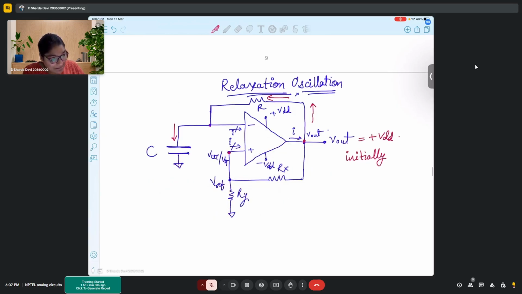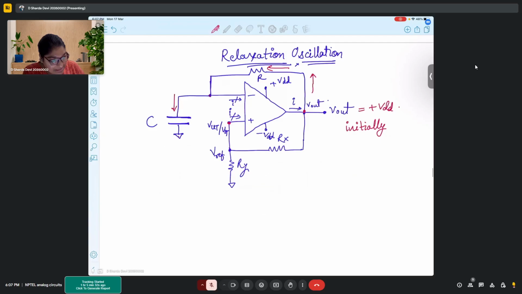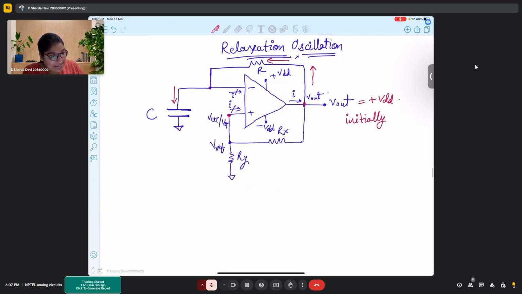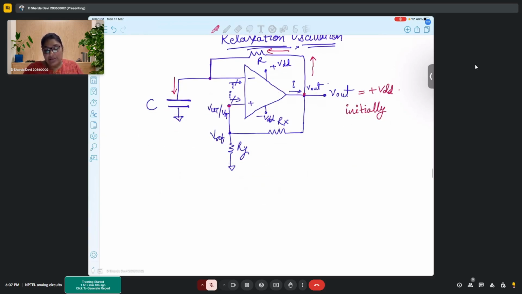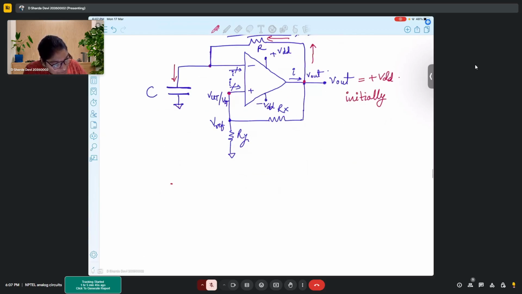And what will happen is capacitor will start charging, right? So capacitor will start to charge. Okay. So how does this charging happen? So the circuit is as simple as this is R, this is C. Here we have plus VDD, and simply this is charging.